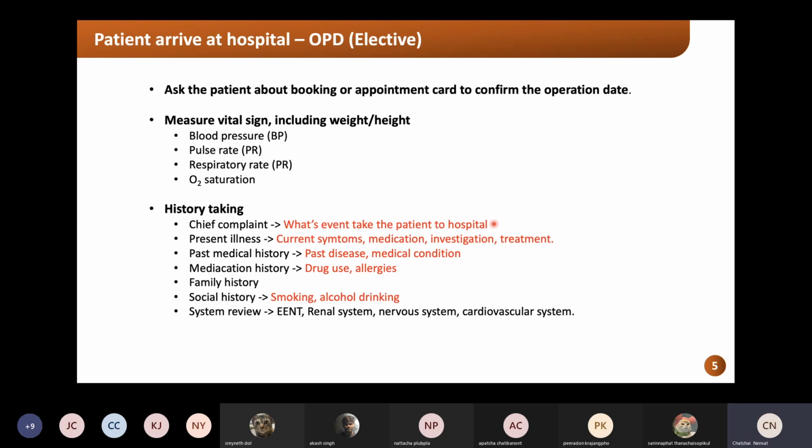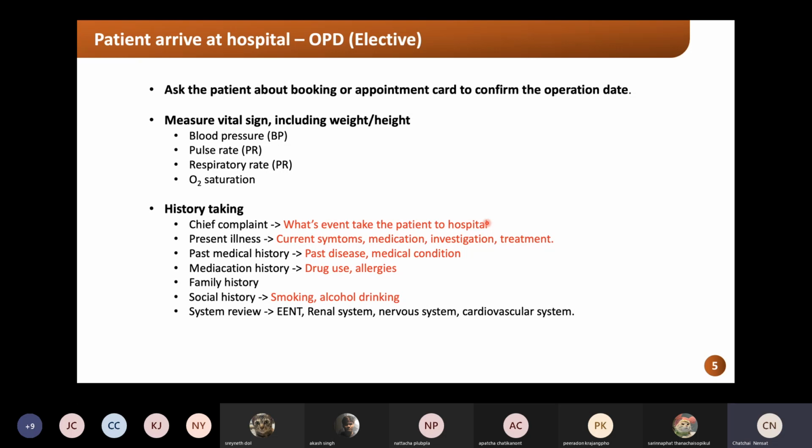The information that we need to obtain from the patient is about the chief complaint. It's the event that brings the patient to the hospital. In this case, the patient has an appointment for doing the procedure, so the appointment date will be the chief complaint, having the procedure.